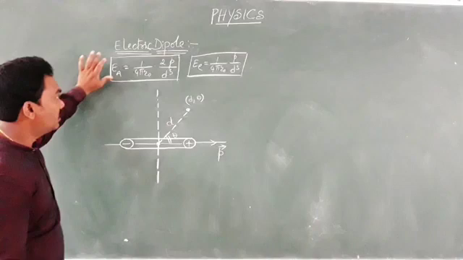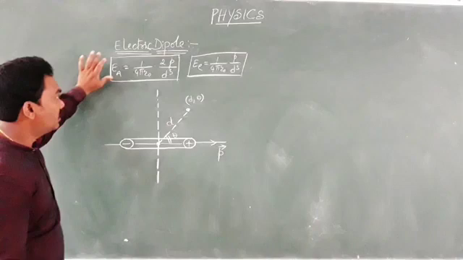My point is located here, which is on the axis of the dipole of moment P cos theta. Hope you have understood. My given dipole is replaced with two dipoles, one of moment P cos theta, another of moment P sin theta.